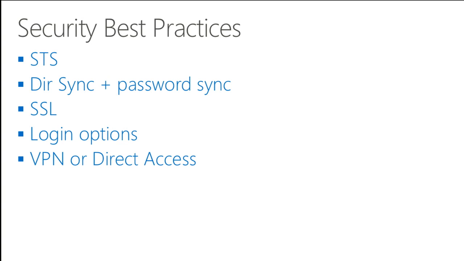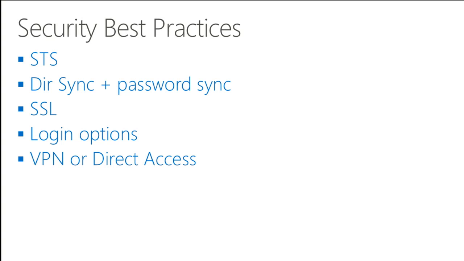It's recommended to also do, in combination with that, the password sync scenario, so that users can log in with the same password both online and on-prem. That way they don't have to remember two different sets of passwords. It's just one.